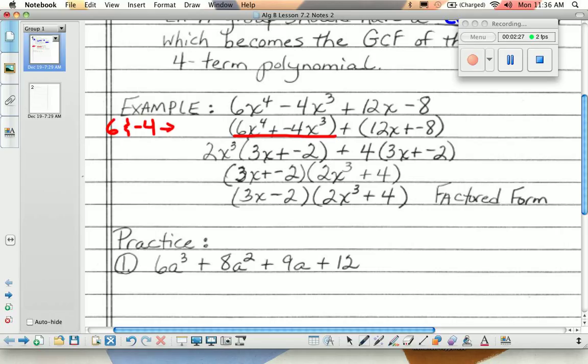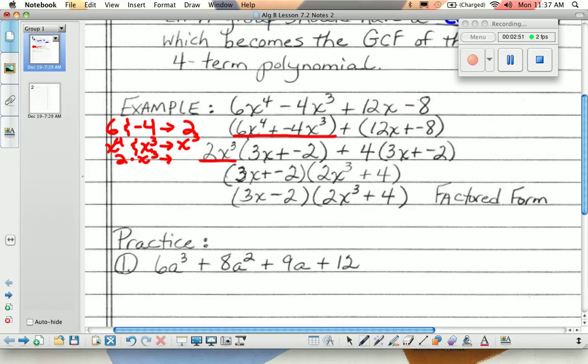What would be the greatest common factor of 6 and negative 4? 2. I have an x to the 4th and I have an x cubed. What would be the greatest common factor of those 2? X cubed. So then I say, okay, well then 2 times x cubed becomes my GCF, which is 2x cubed.